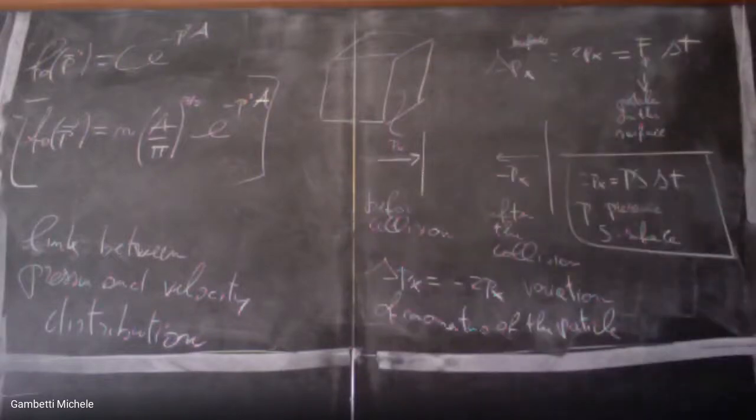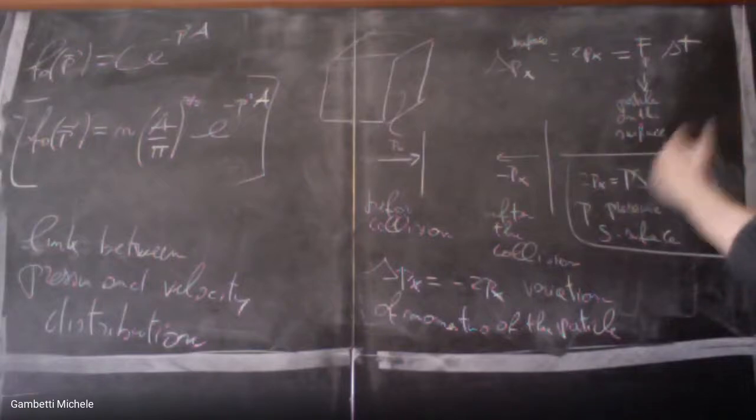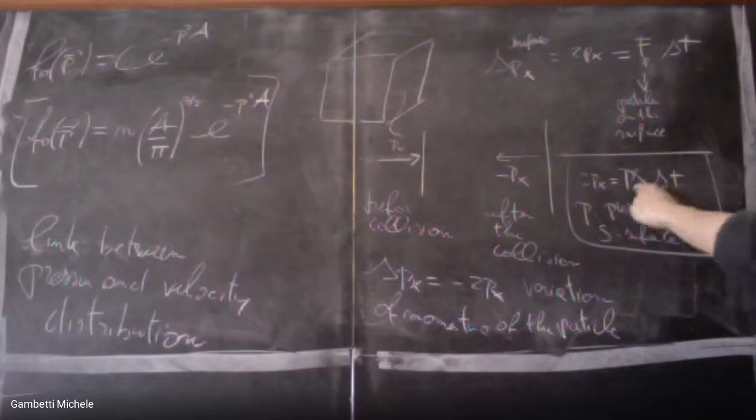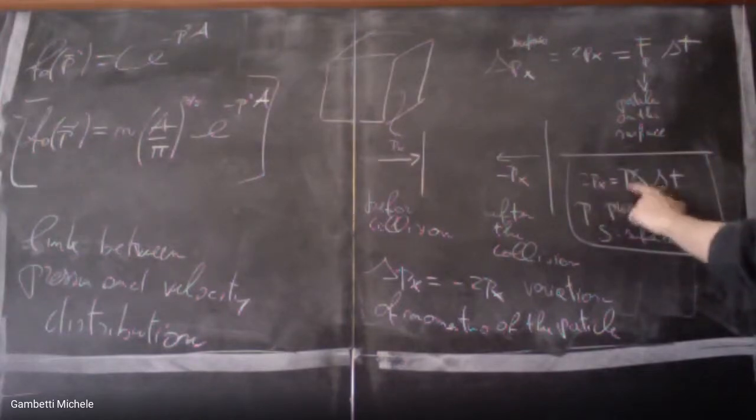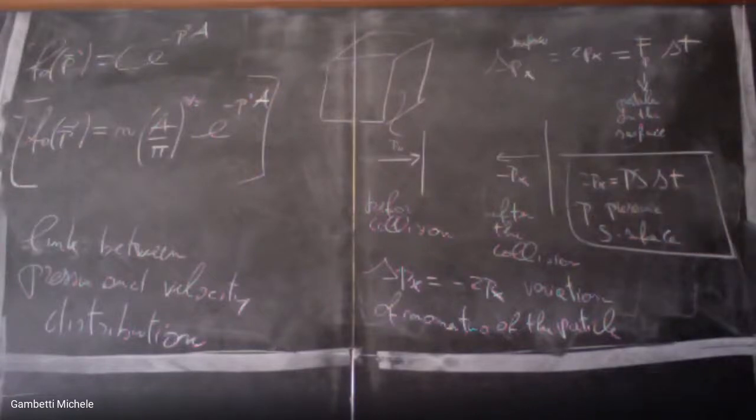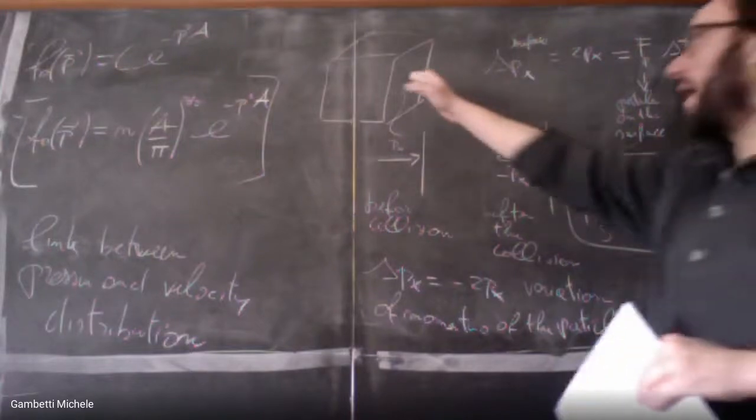Okay, so I can, let's say, single out the contribution to the pressure of a single particle, and it would be something like this. Okay, so this 2px divided by s and delta t is basically the amount of pressure that comes out of a single collision with a single particle, colliding with the surface.